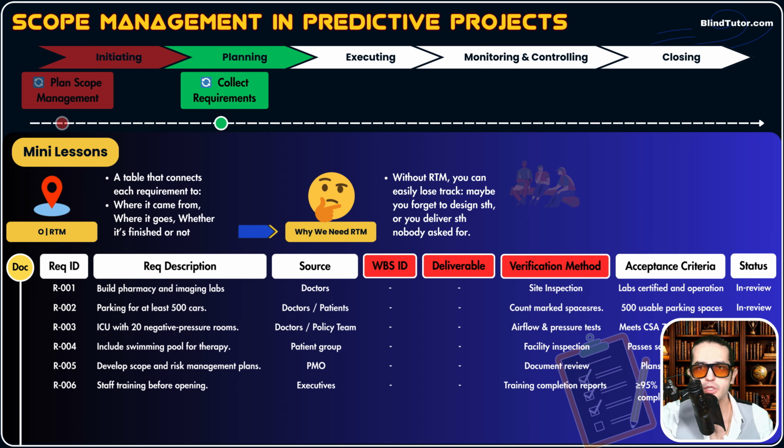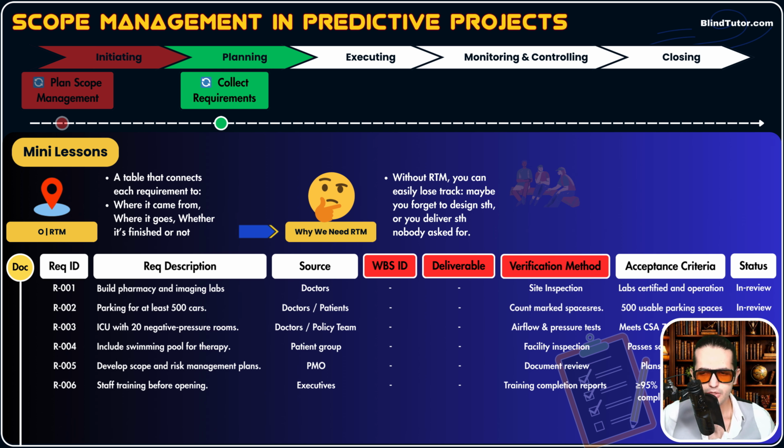If you want to know in what stage your requirement or a stakeholder's requirement is, you need to check out the RTM. If you want to know the details of what WBS ID, what deliverable it is connected to, what the verification is, everything about requirements is mentioned in the Requirement Traceability Matrix, or RTM.